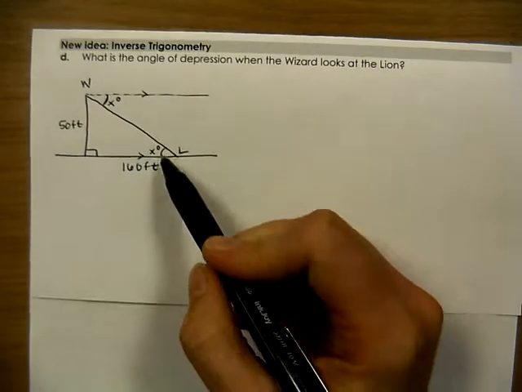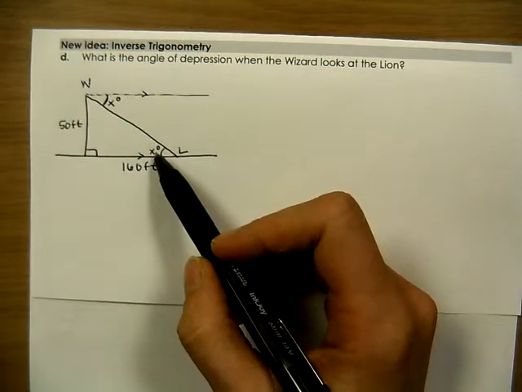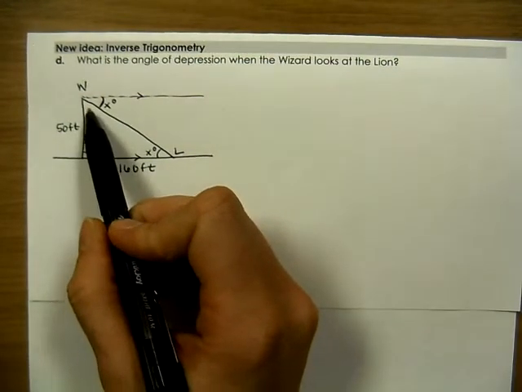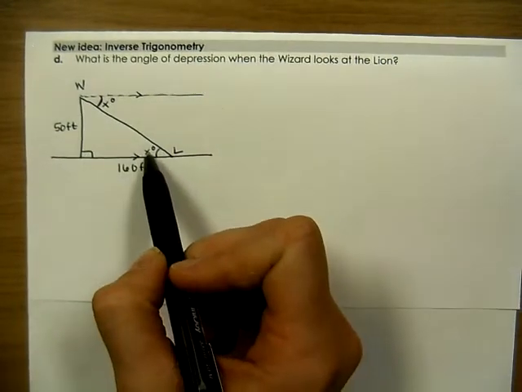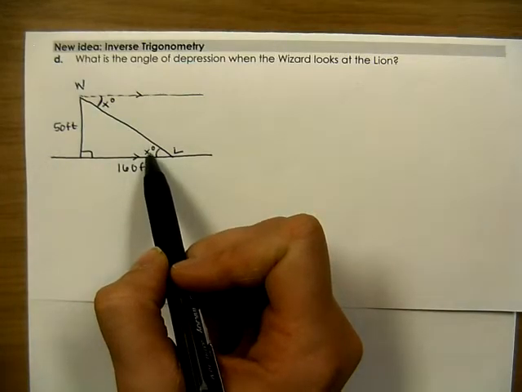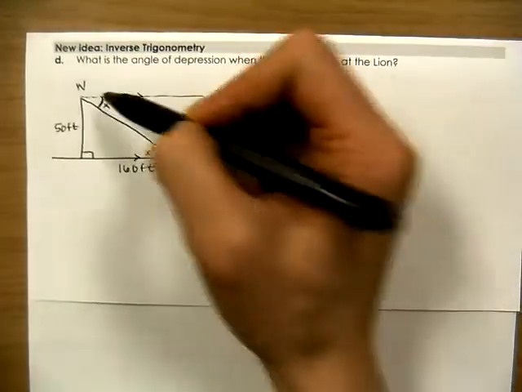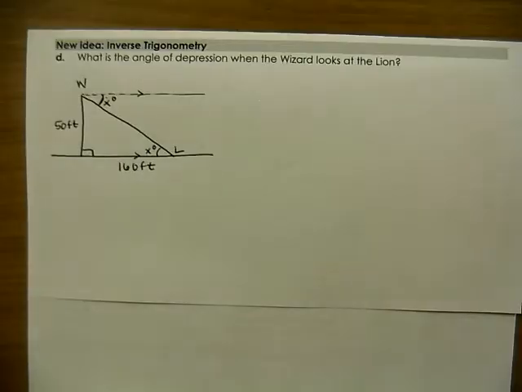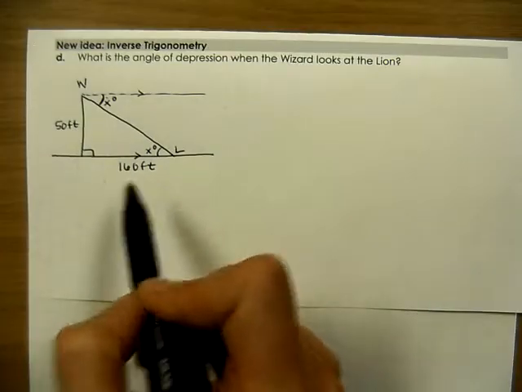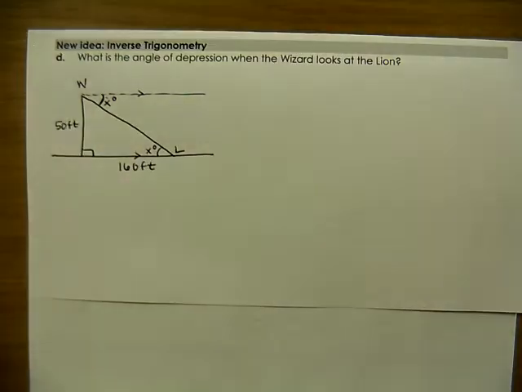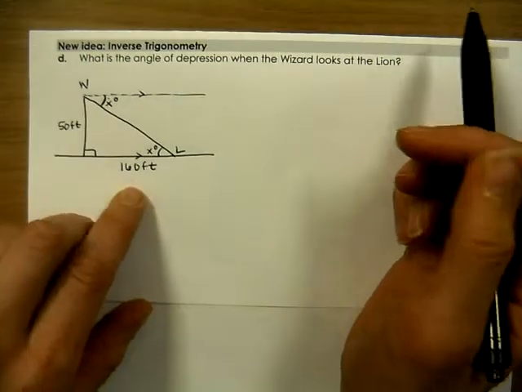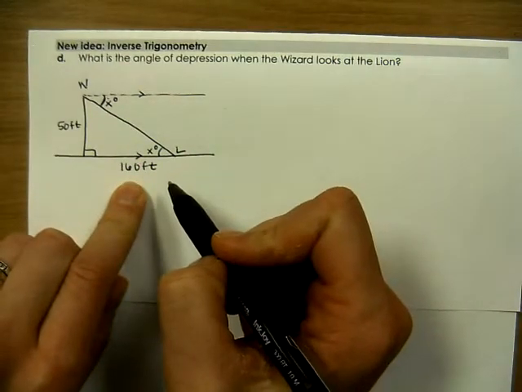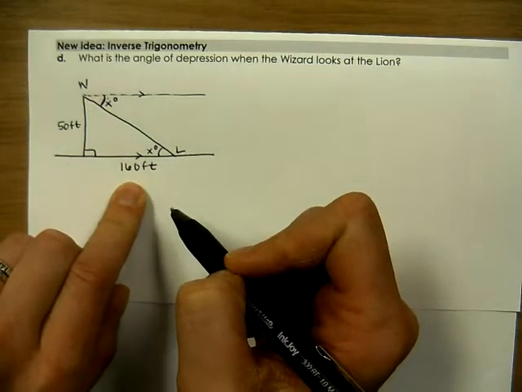When you look at what's given, we're trying to find the angle of depression. If I knew this other angle, then I could say the sum of the interior angles of a triangle is 180, and I could find it. If I knew this angle, I know they're congruent, so I could find the other one. But we don't really have any of that information. All we're given are the side lengths, and we have a right triangle. So instead, I want to set up an equation using a trigonometric ratio with the information I have.